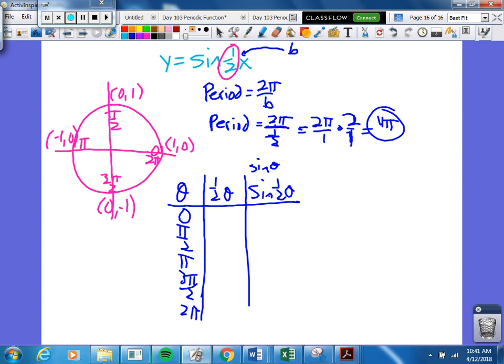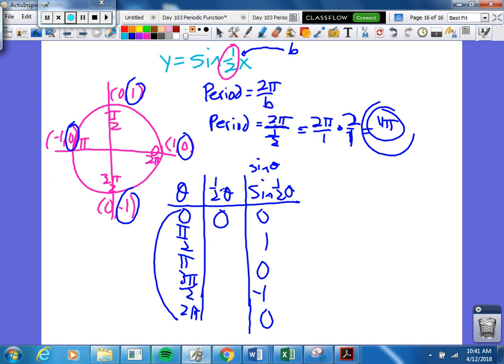Nothing changes with the amplitude, so just put this down. We got 0 for the y, then 1 for half, and then 0 for pi, and then 3 pi over 2 is negative 1, and then 2 pi back to the beginning is 0. So the only thing changed is going to be this. So rather than going from 0 to 2 pi like we normally do, now we're going 0 to, over here, 4 pi.